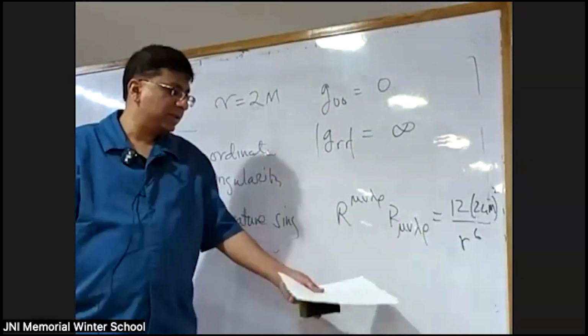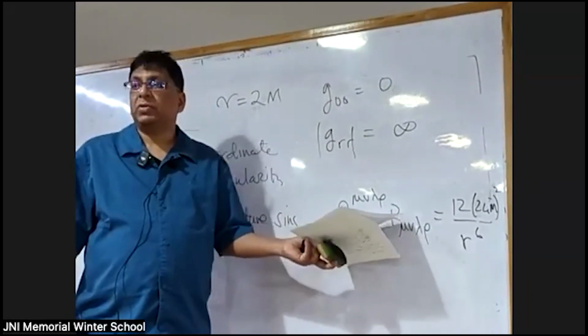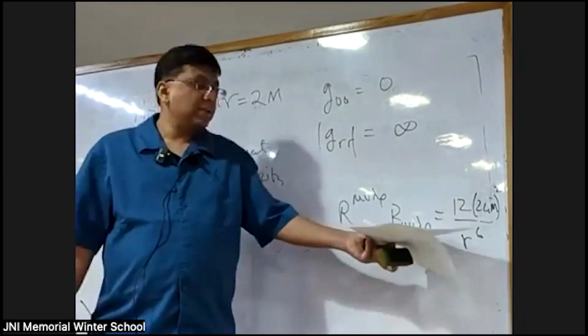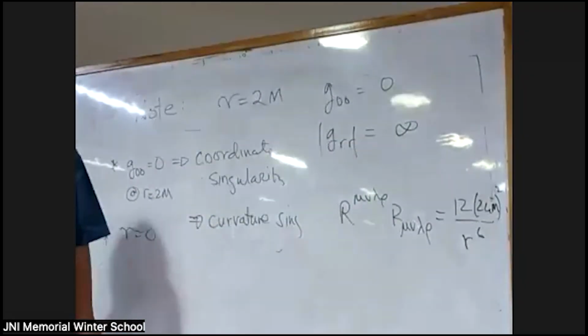When r goes to 0, this curvature invariant blows up. If you do a coordinate transformation, this stays the same. I think this is called the Kretschmann scalar or something like that.